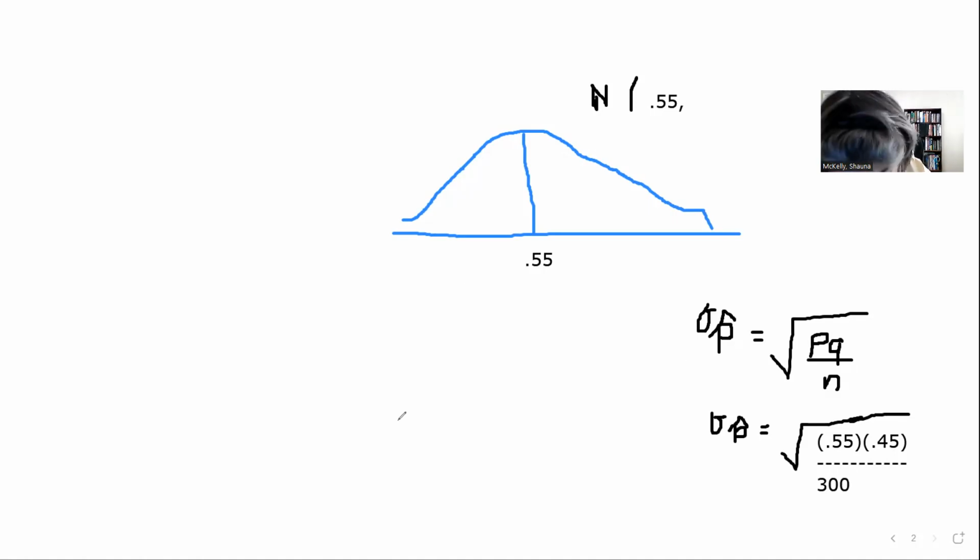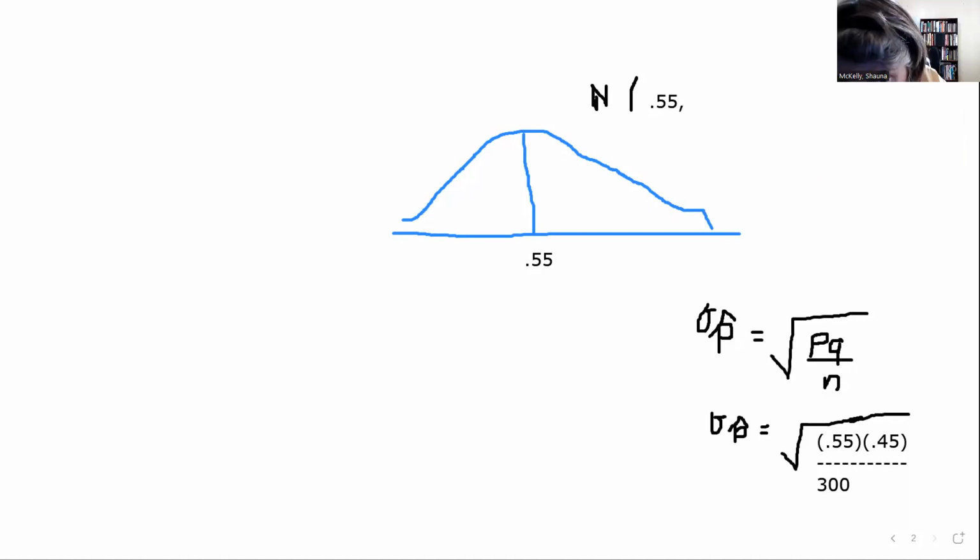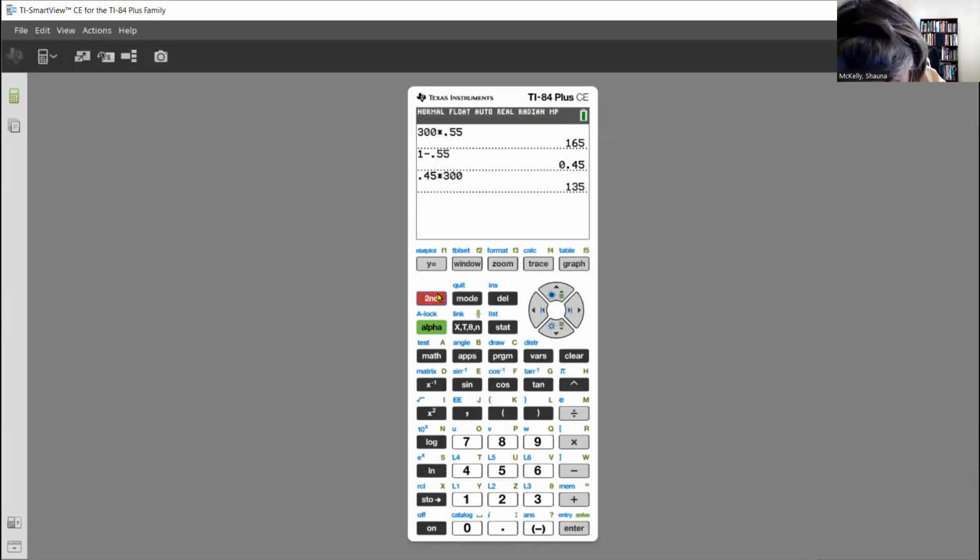Okay, so let's do this calculation. Let's see what we've got. We go second square root, parenthesis, then 0.55 times 0.45.